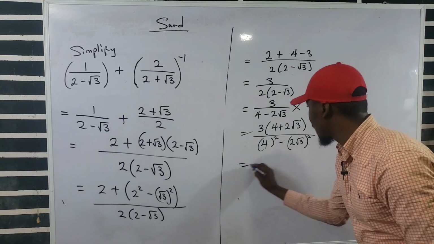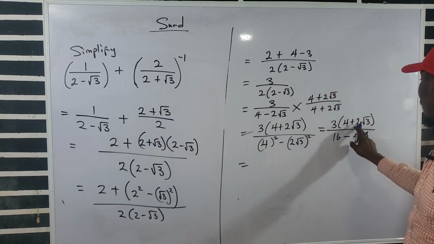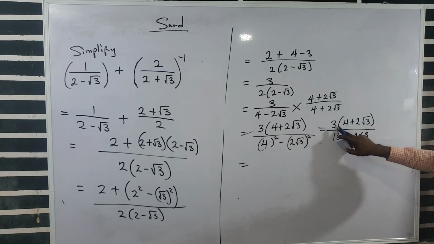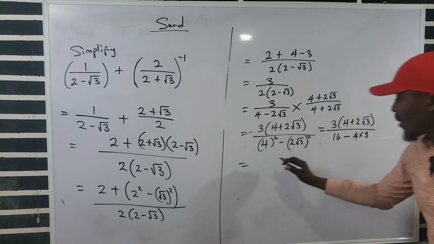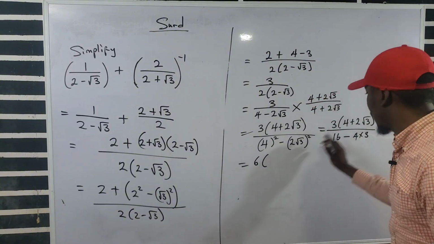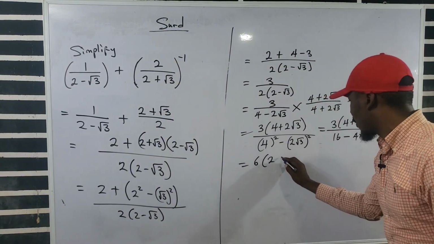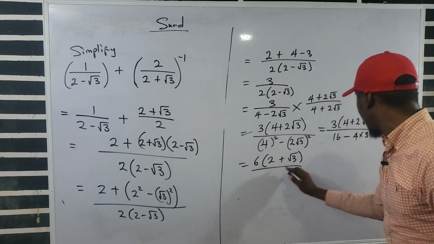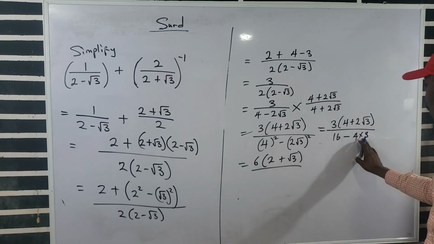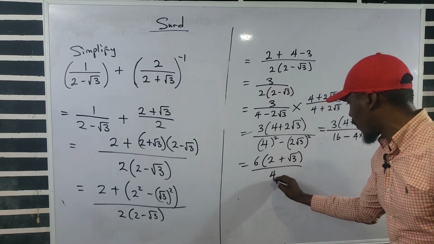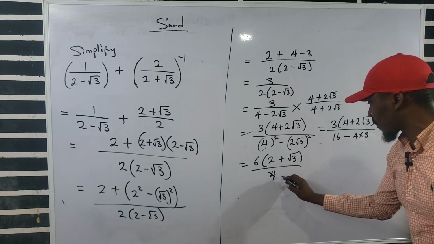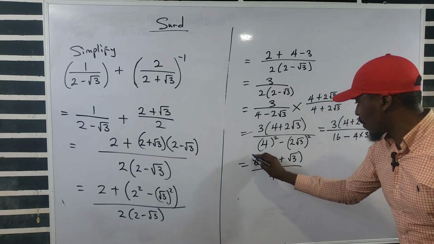So that will give us, here something is still common here, which is 2. So bring it out. So that 2 coming outside will multiply by this √3. So that will give us 2√3 into 2 plus √3 all over. Here is 16, here is 12. So 16 minus 12, that will give us 4. Okay, so 2 here will give us 2. 2 here will give us 3.